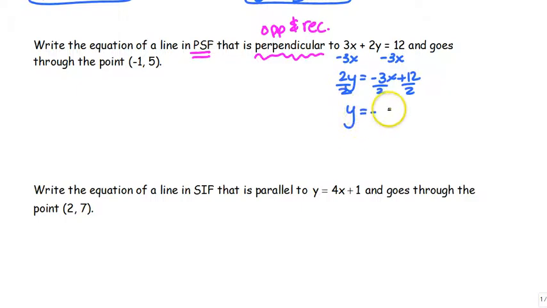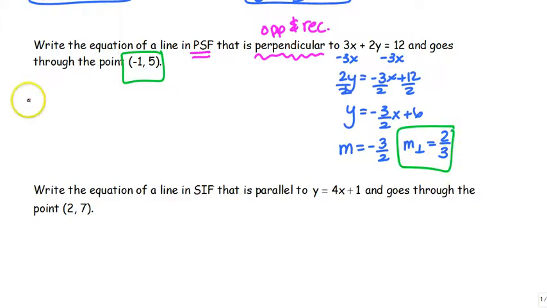And we've got y is equal to a negative 3 halves x plus 6. So from my given line, I have a slope of a negative 3 halves. I want perpendicular. My perpendicular slope, opposite of negative is positive. Reciprocal is 2/3. And then last, don't forget, I want it to go through that point.